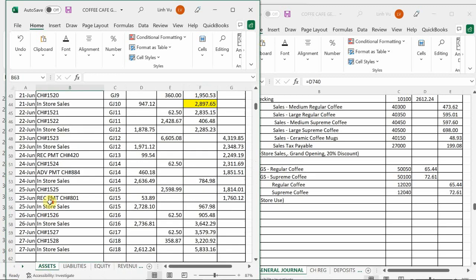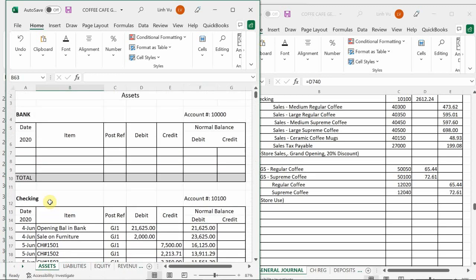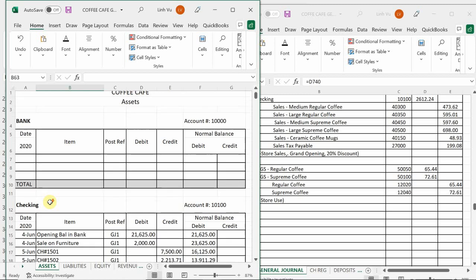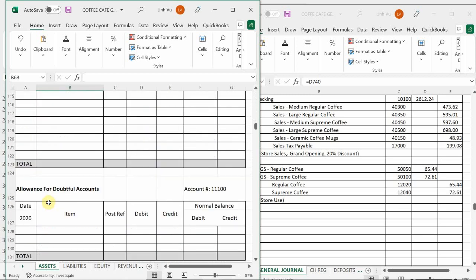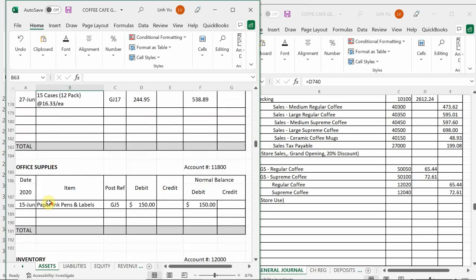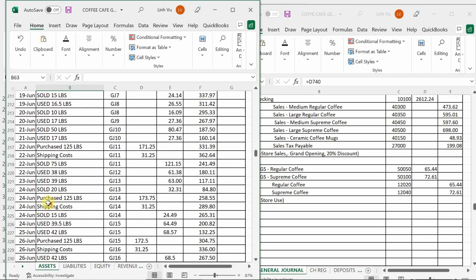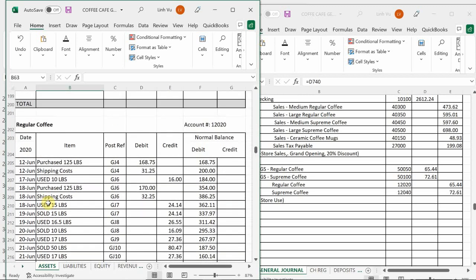So let me go ahead and update my inventory. So that's my checking account. So my inventory. Okay, here's my regular coffee.